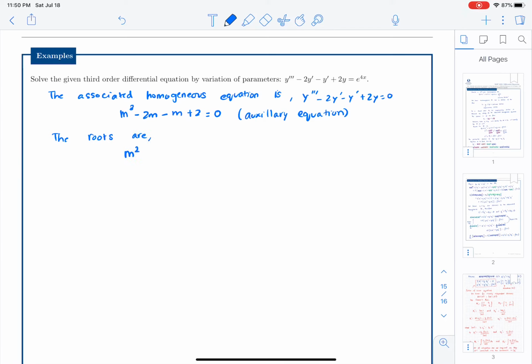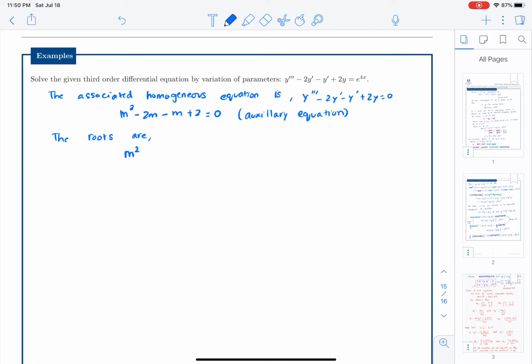Now we have to find the particular solution. The process is exactly the same as the previous problems that we have done before, but the only difference here is we have 3 solutions. So the Wronskian would be 3 by 3. We have 3 solutions because this is a third order DE.